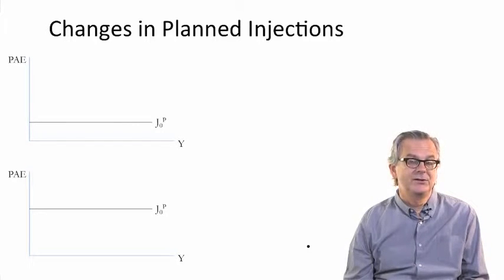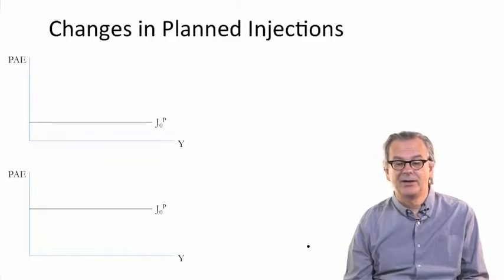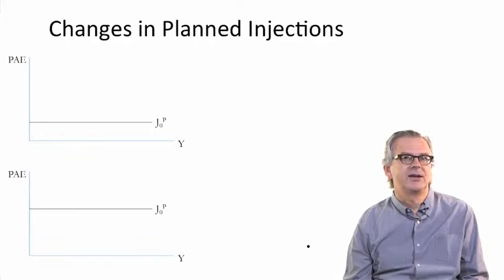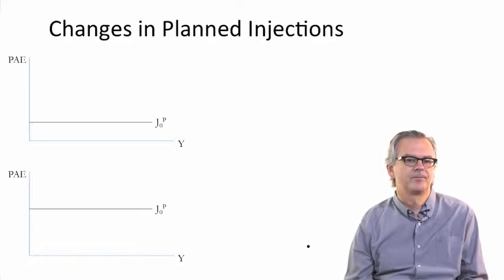So let's look at two instances where there might be a change in planned injections, and these are just examples. I'm going to focus on planned investment. Now, one of the factors that almost certainly influences planned investment is the cost of financing available to firms when firms are thinking about undertaking a piece of investment expenditure.